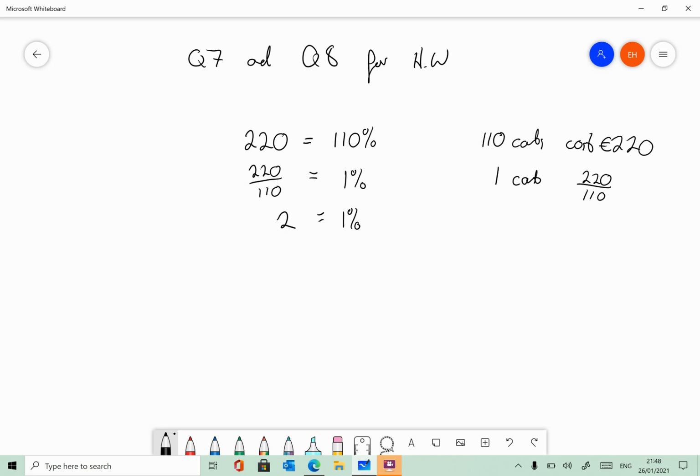So each cat costs 220 divided by 110. So one cat costs 2 euro. Now, if 1% is equal to 2, well then 100%, which was the original price, is equal to 2 multiplied by 100. So if one cat costs 2 euro, 100 cats will cost 200 euro. So 200 euro is equal to 100%.